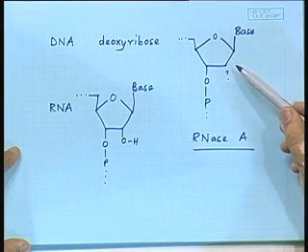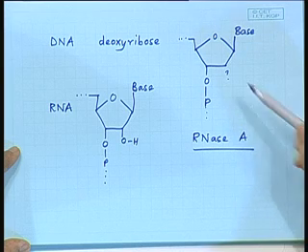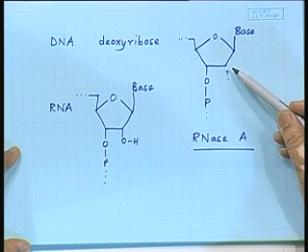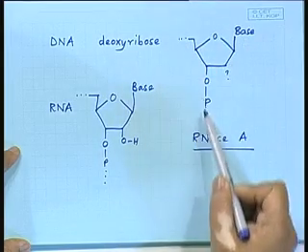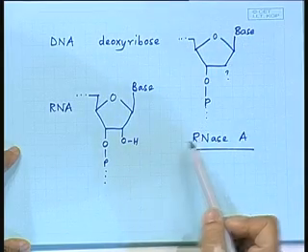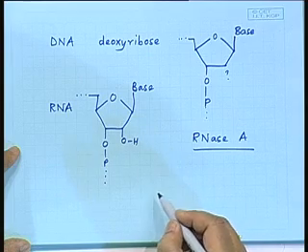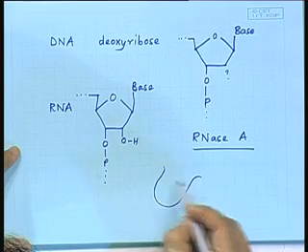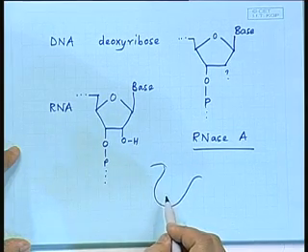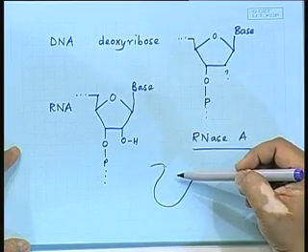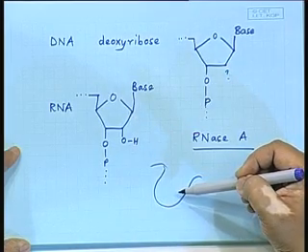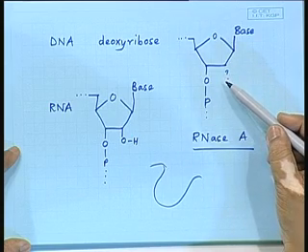but ribonuclease A will not be able to cleave DNA, right? But there will be other parts that are similar. So, when it fits into the active site, say we have an active site here, it may so happen that it probably will fit, but it will not cleave.